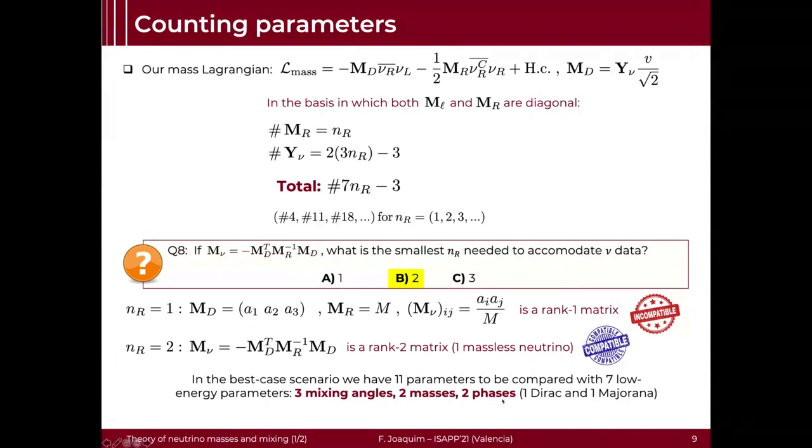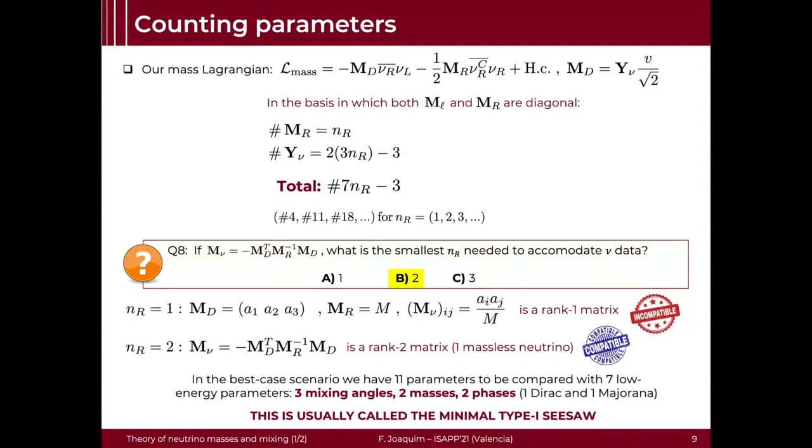And we have two phases, one Dirac phase and one Majorana. And there is only one Majorana phase, because since you have one massless neutrino state, you can remove one of the two Majorana phases that we had in the general 3 neutrino case.